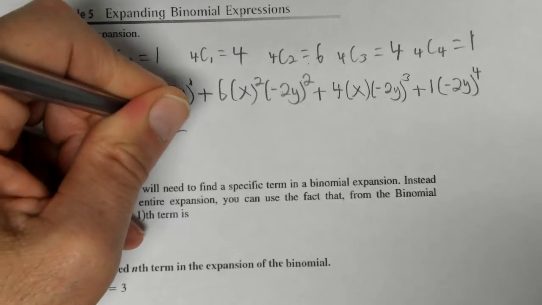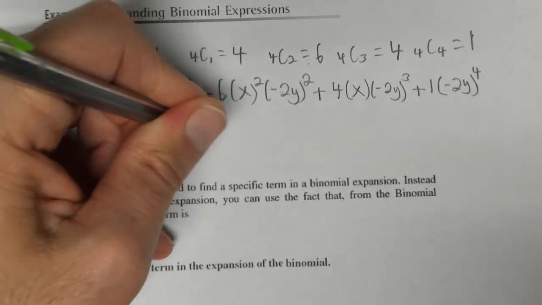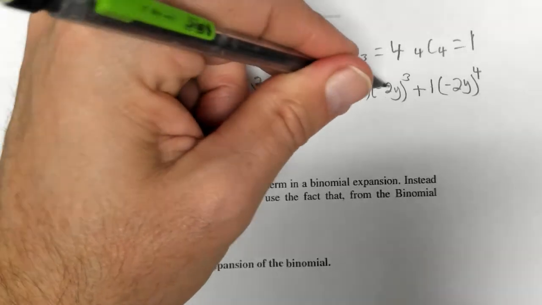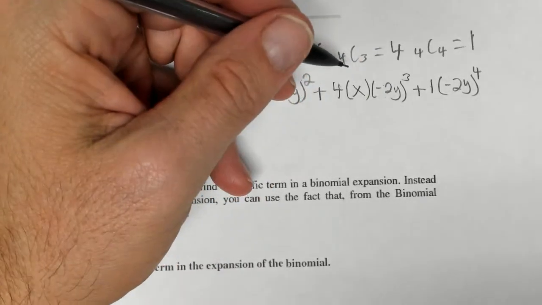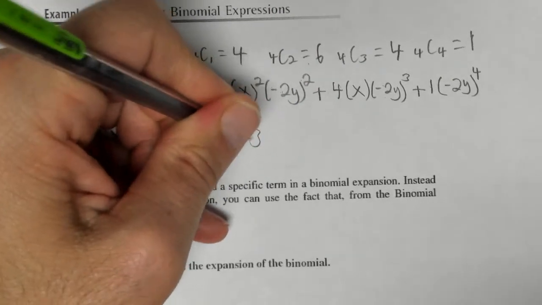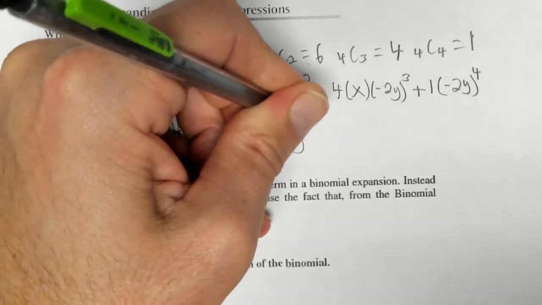So make sure you get your signs correct here. Don't make a sign mistake. x squared, y squared. Then we're going to have negative 2 to the 3rd power. Negative 2, negative 2, negative 2 is negative 8. Negative 8 times 4 is negative 32. And then that'd be x, y to the 3rd.